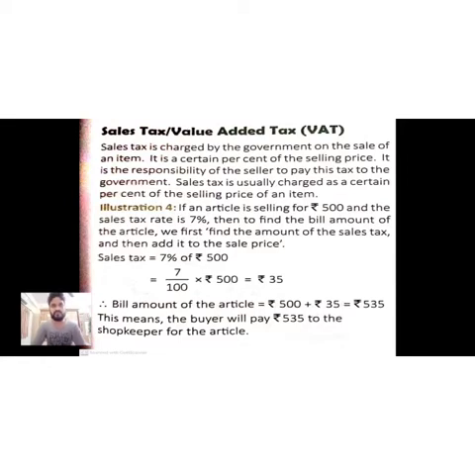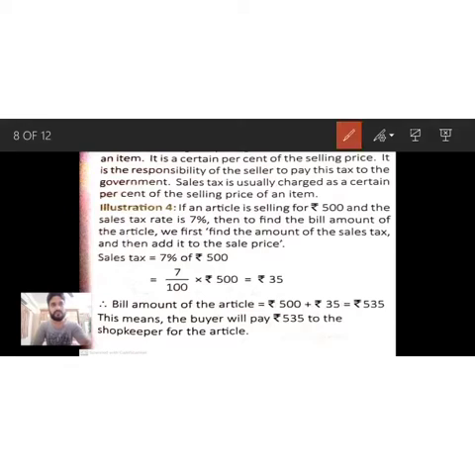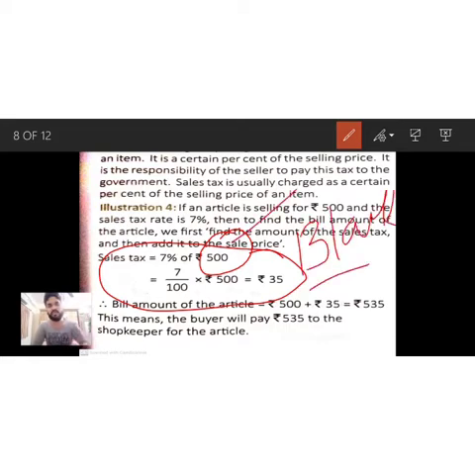If we do not pay the sales tax to the government, or buy an article from a shopkeeper without any bill, then that 500 rupees is black money for the shopkeeper, because there is no bill for this 500 rupees.